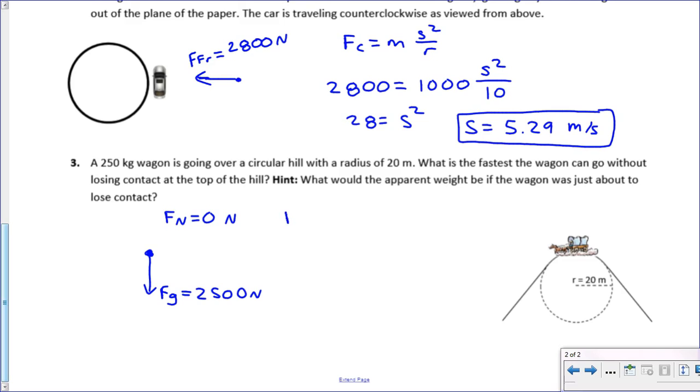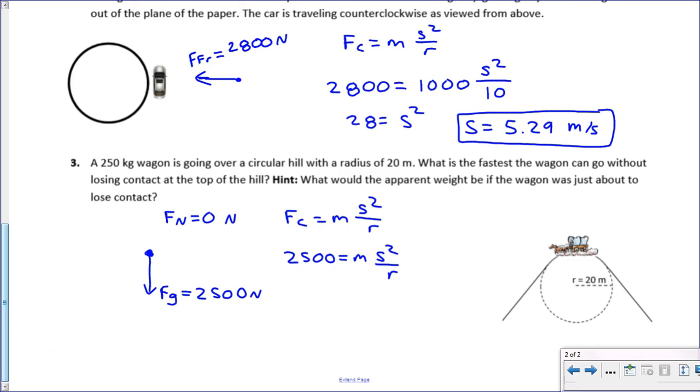And so we know that Fc equals m s squared over r. All right, which means 2,500 equals m s squared over r. All right.